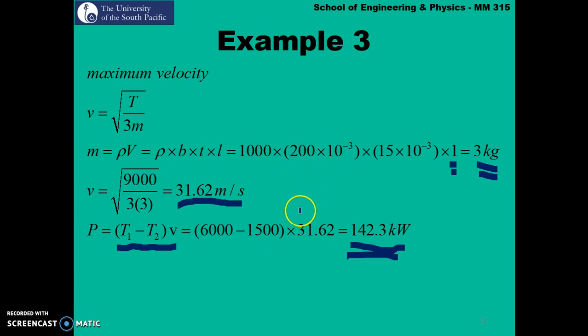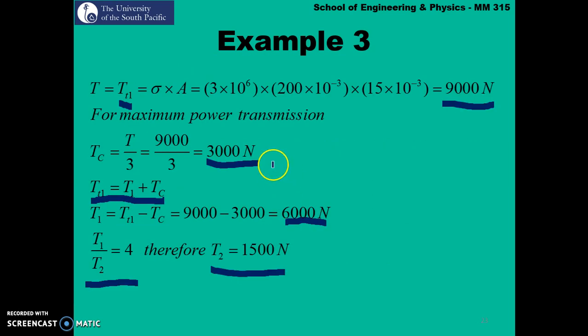Once more, this question clearly states that we're looking at maximum power transmission condition. So please be reminded that you don't use TC equals mv squared to find your centrifugal tension for maximum power. Centrifugal tension is 1/3 the maximum tension, so 3000, and we know that your maximum tension is nothing but TT1, which can also be given as stress times the cross-section area, which was 9,000.